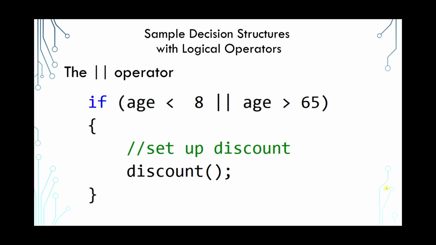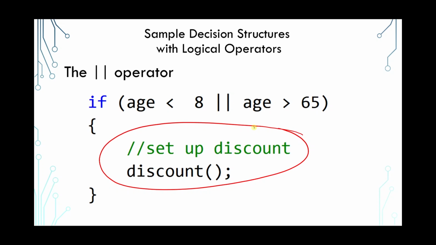So, for example, here is something. If you're going to a park, if the age is less than 8, or the age is greater than 65, the person gets a discount. If anything in between, that person does not get a discount. So how would you represent the condition where someone gets a discount?